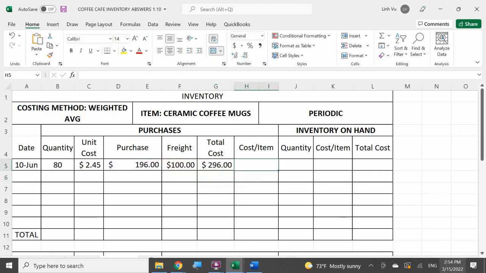Now, for practice purposes only, even though I know we're definitely not going to only buy 80 coffee mugs, we're going to be making constant purchases here. But for practice purposes only, let's go ahead and solve for my cost per item. $3.70 per cup. So if I sell a cup, this is how much it's going to cost me, $3.70 per cup. Okay?